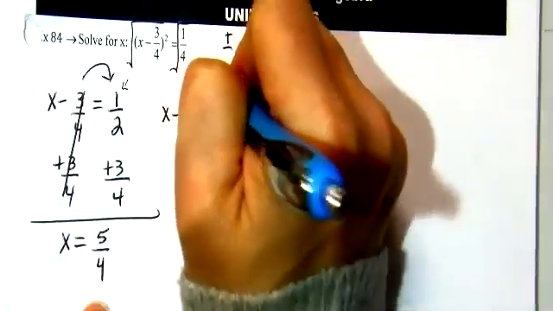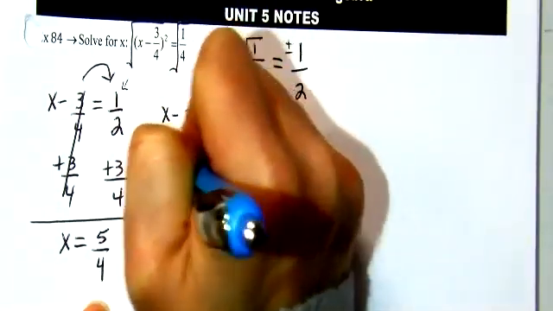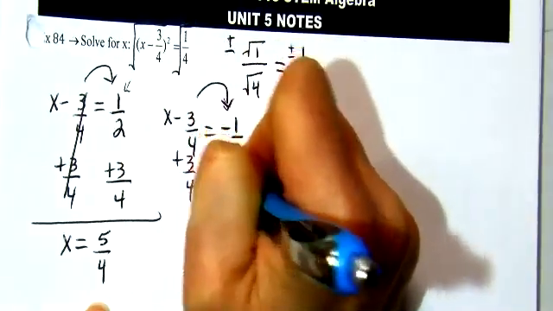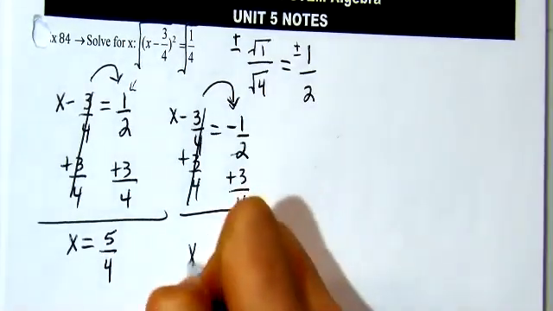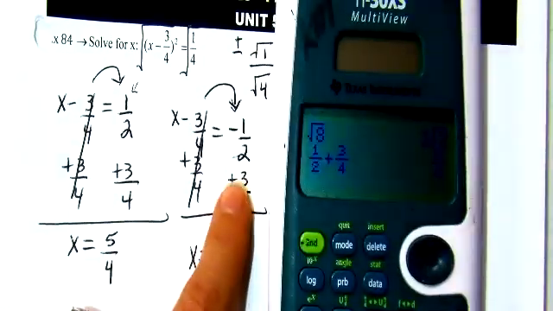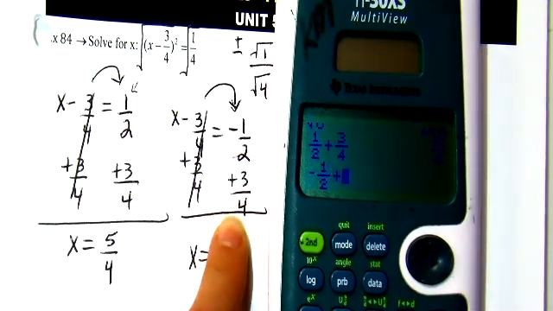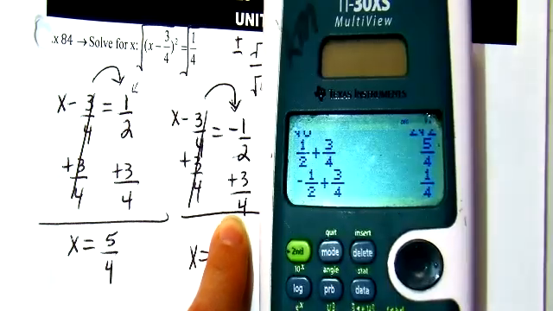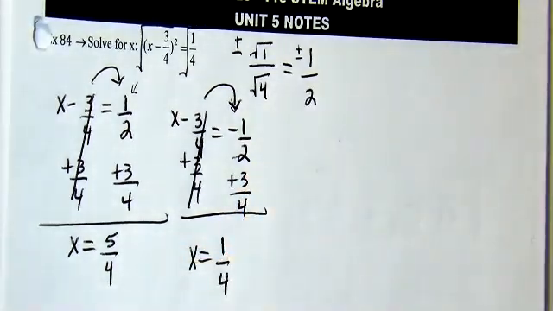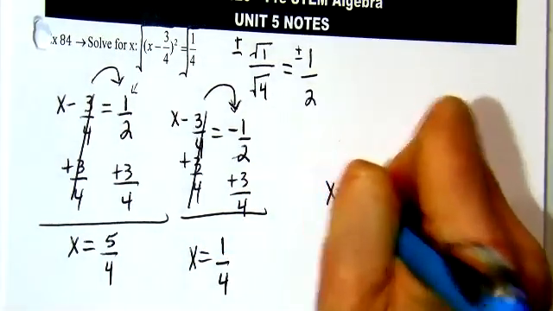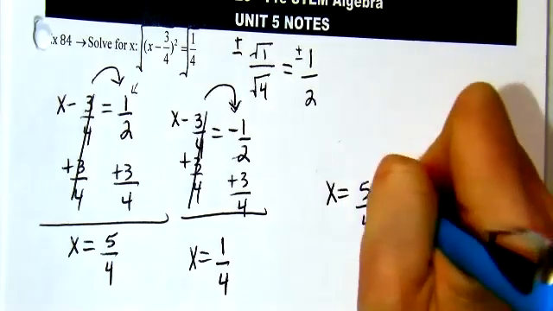And then here, we're doing the same thing, except the 1 half ended up being a negative. So we have x equals, we take a negative fraction 1 over 2 plus a fraction 3 over 4, enter, which is 1 over 4. So x equals 5 over 4 and 1 over 4.